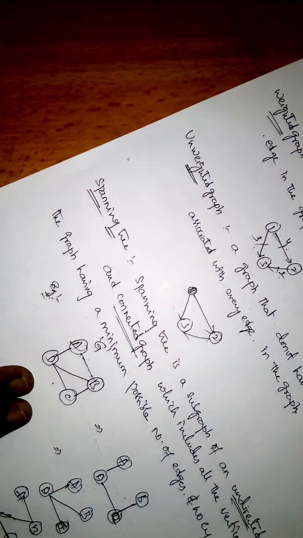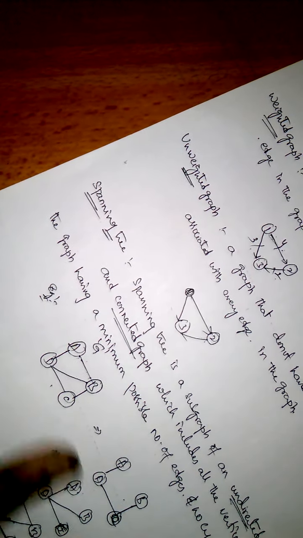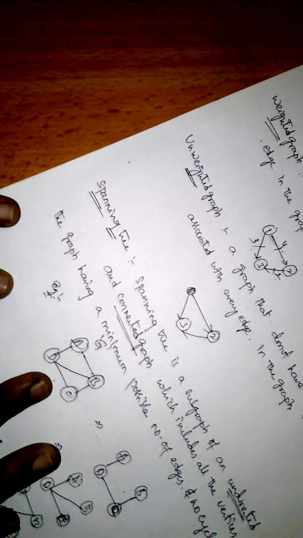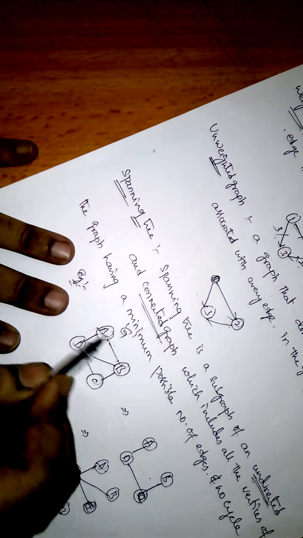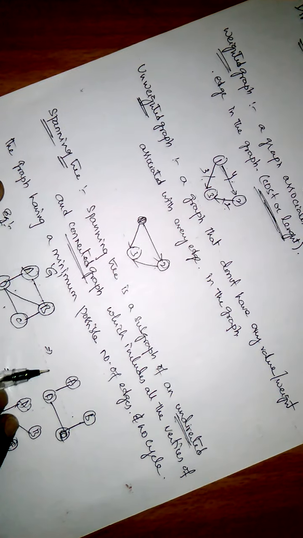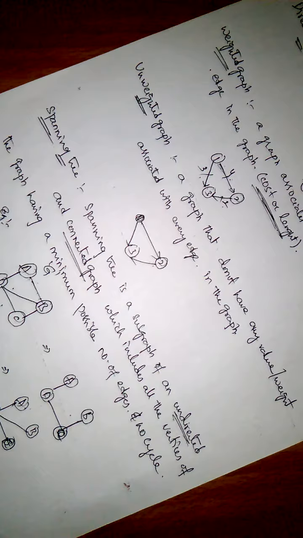What is a minimal spanning tree? A minimal spanning tree is a subgraph of an undirected and connected graph where the spanning tree must include all the vertices of graph G, and it should have the minimum possible edges, not all edges.